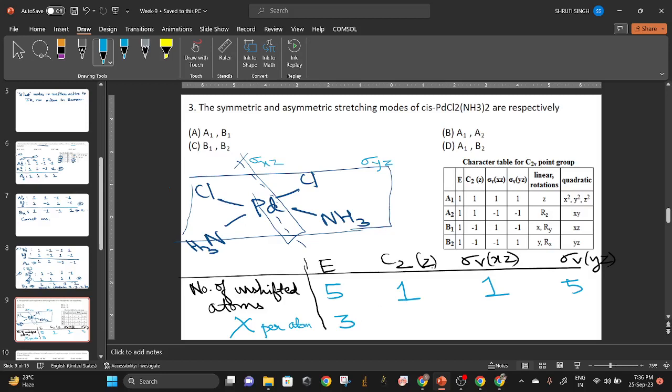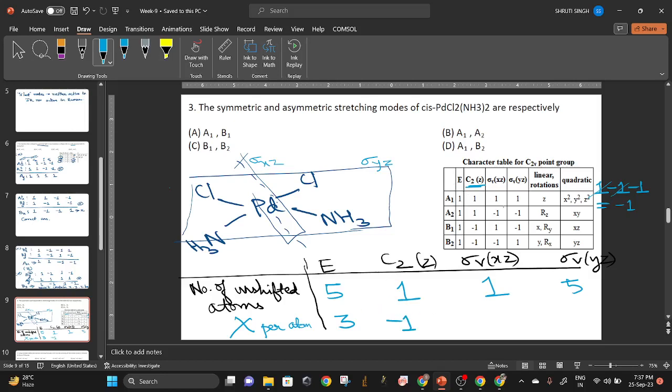For C2(z), it will be -1. What happens? Z is 1, then x is -1, and y is -1. If you sum this, this cancels out and you get -1. So the character for C2(z) is -1.